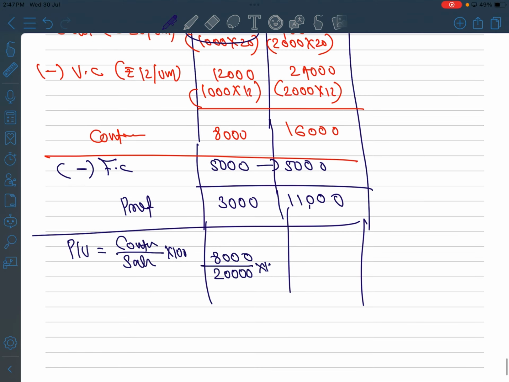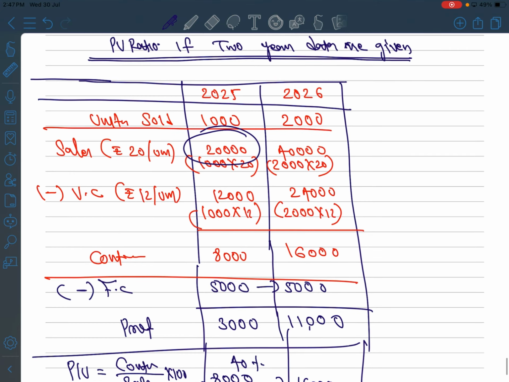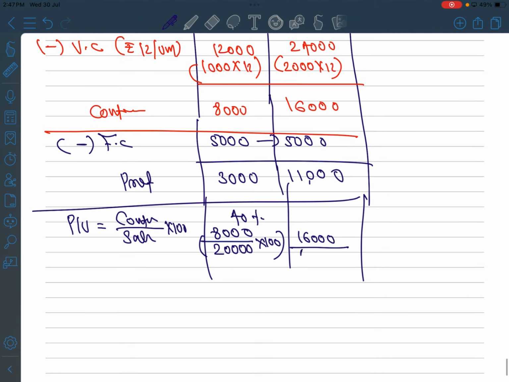Percentage: 40%. Here 16,000 divided by 40,000, 40%. So PV ratio will not change.